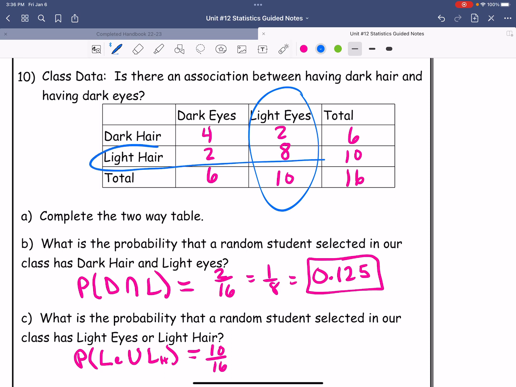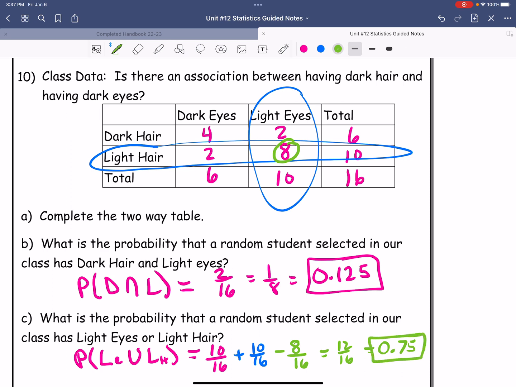Light hair is right here, 10 out of 16. But what's happened is we've included these 8 people twice. So we have to subtract off the overlap of 8 out of 16. Now this is going to give us 12 out of 16, which is 3/4, which is 0.75. So this reminds us of and or.